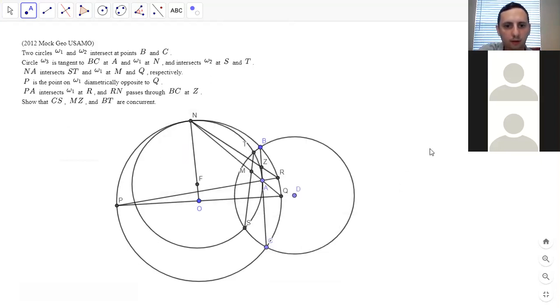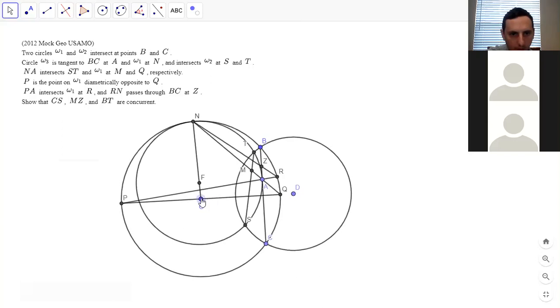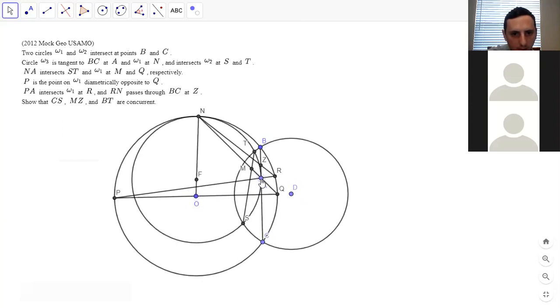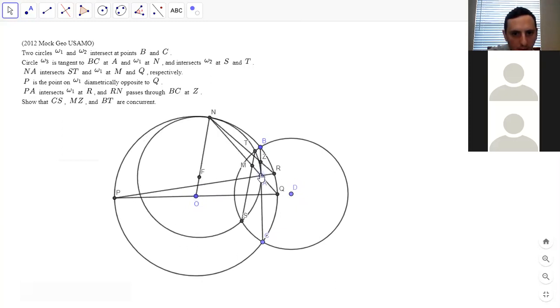We want to show that CS, MZ, and BT are concurrent. So yeah, I think I'll try. Right now PQ looks a little tilted. I want PQ to be horizontal. But then let's see. I want this AC to be vertical.